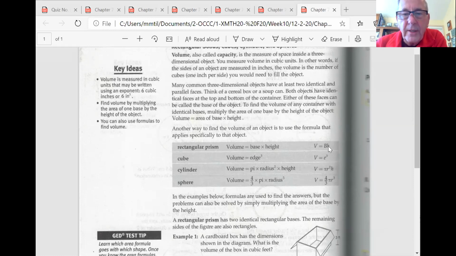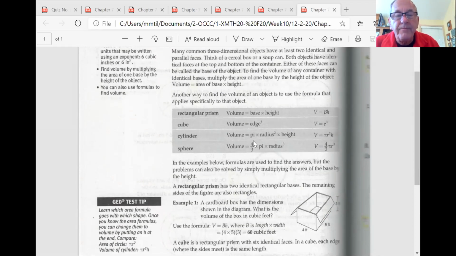That's how you get cubes. A cube is just each edge cubed, because if a cube is 1 by 1 by 1, it's 1 times 1 times 1, or 2 by 2 by 2. That's why they show volume is equal to the edge cubed.